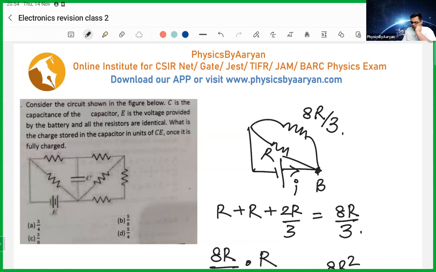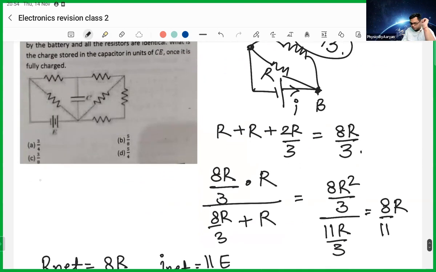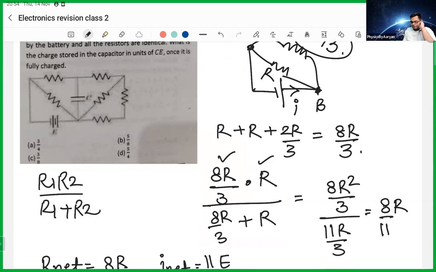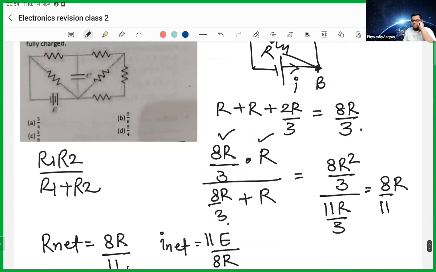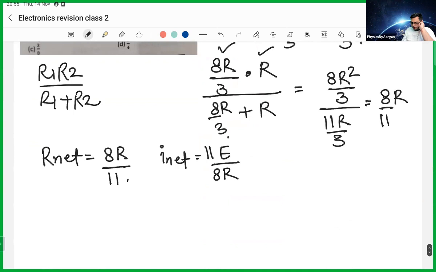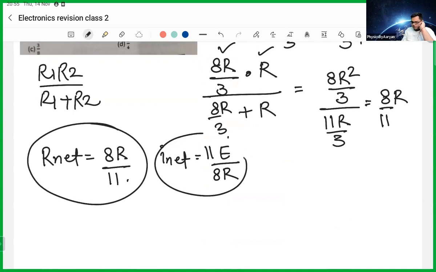You can clearly see this point was B, and if this is C, then this 8R by 3 is connected between B and C. And this R is also connected between B and C. That is why both of them are parallel. When two resistors are parallel, you use the formula R1R2 by R1 plus R2. That is why I did 8R by 3 times R divided by 8R by 3 plus R, which gives me an answer of 8 by 11. So I got my total resistance and total current.